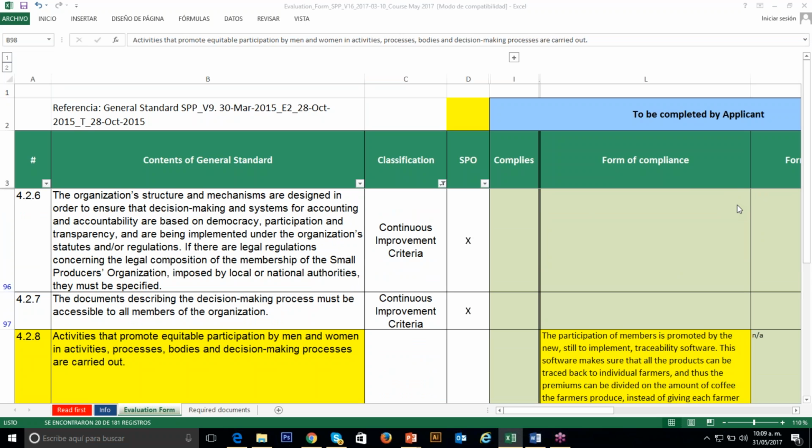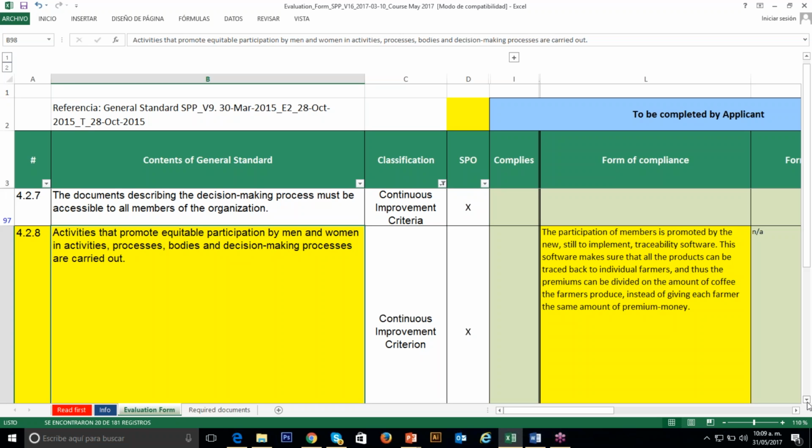Yes, I can hear you very well. It was about criterion 4.2.8. Here in the DRC, for the Sopakdi cooperative, we are implementing the activity for women because it is the women who work hard in the field.